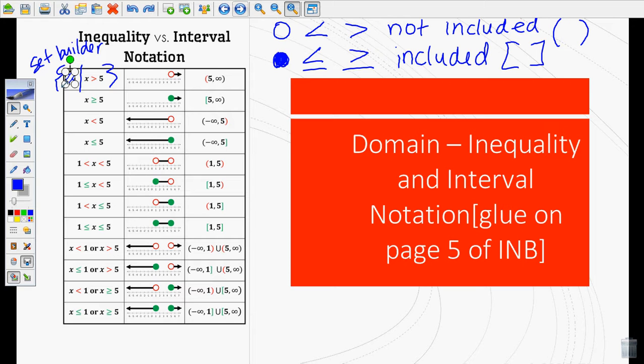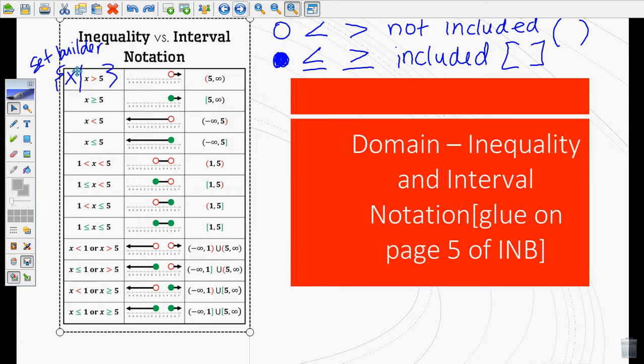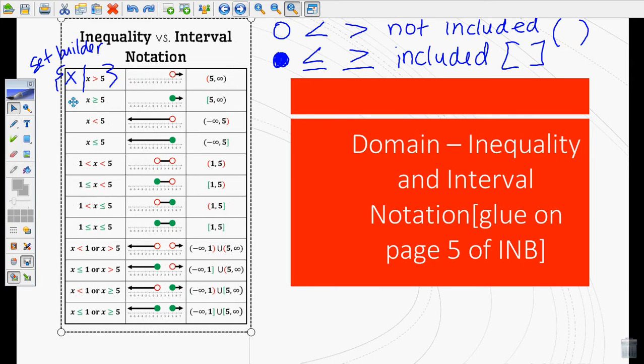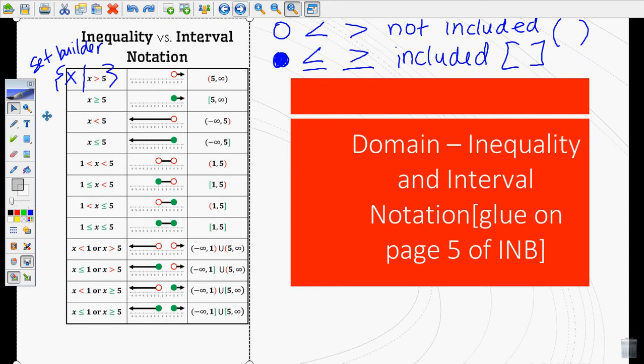If I was defining y instead of an x, I would put a y. This line right here stands for such that. So you're saying x such that x is greater than 5, close your brace. That is all set builder does. It dresses up your inequality.